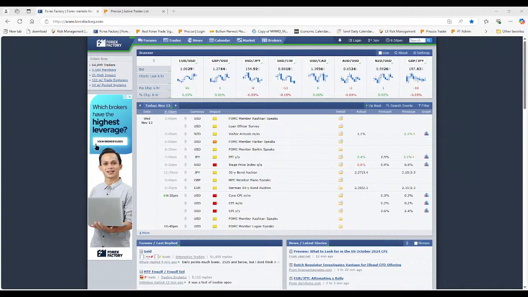If the data comes out as expected, chances are we may see a continuation of the trend and move. Unless the data is very bad, then we may see a big movement. On the other hand, if it comes out very strong, then we also have a continuation of the dollar strength, which is going to be quite vital.